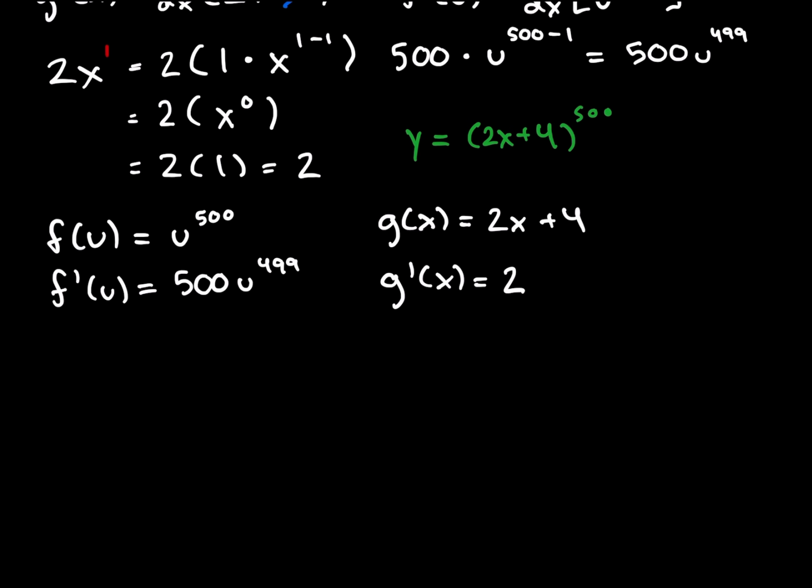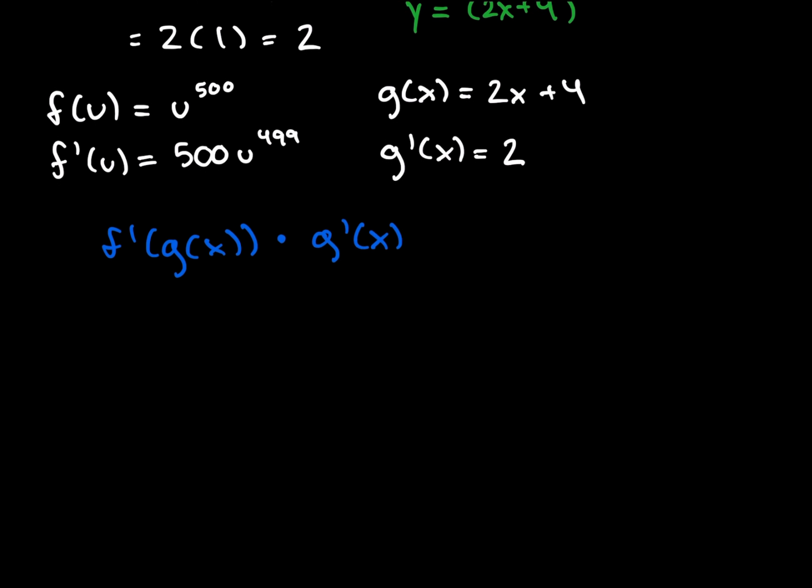So, we use our formula f prime of g of x times the derivative of g of x. So, f prime of u is first. We have 500 u to the 499. But this u, what do we do about that?